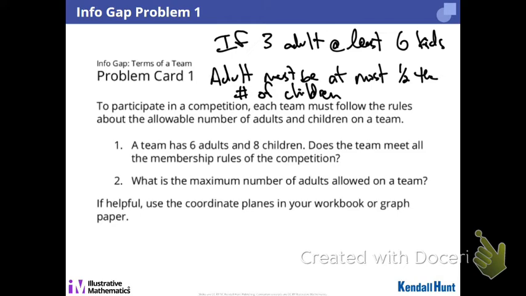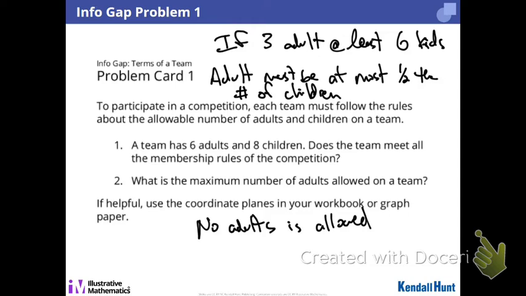Finn. What is the minimum amount of adults? A team without adults is allowed. No adults is allowed. Stein. What are the amount of kids allowed?